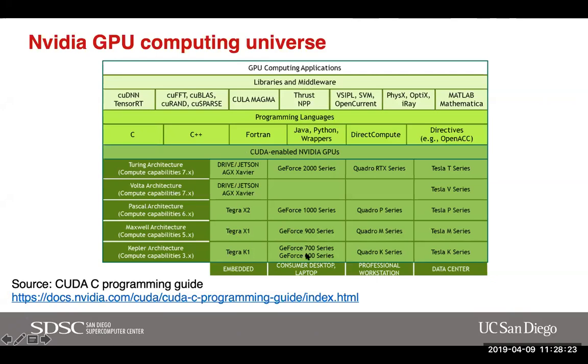And then here's an overview of all the different types of GPUs that NVIDIA currently is supporting. So in principle, if you write a GPU code in CUDA or with any of the other methods, directive-based programming, OpenACC, it is going to run on embedded devices, consumer desktops, laptops, professional workstations, and data center GPUs. So in that sense, the code is, of course, portable.